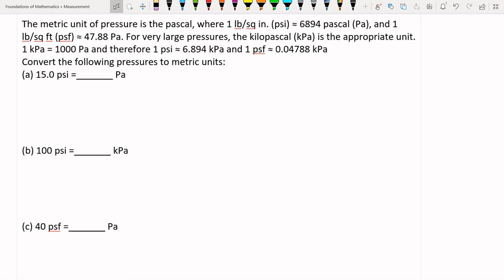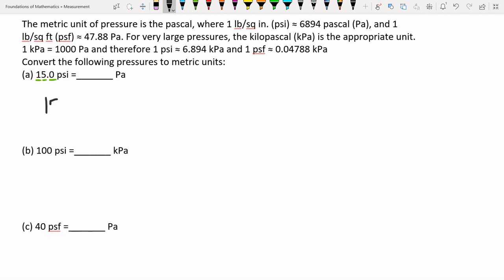pascals. Nothing's written here, so we're going to tend to do significant digits. There are 1, 2, 3 sig figs there, so we're going to do 3 significant figures at the end. These 0 counts because we have a decimal point written there.